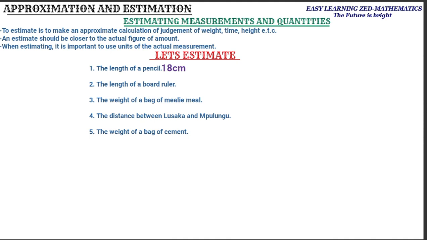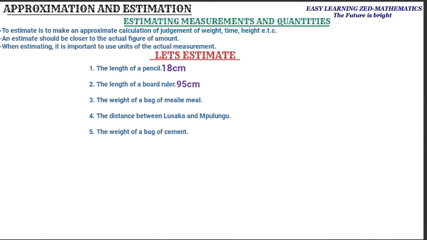A board ruler can be around 95 centimeters. Even though this one is a bit tricky because other board rulers are 1 meter long. If I had written 0.95 meters, that would have been better units. But I've seen some which are 80 centimeters.